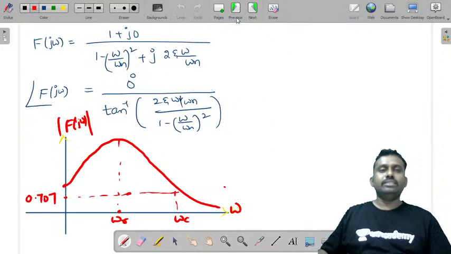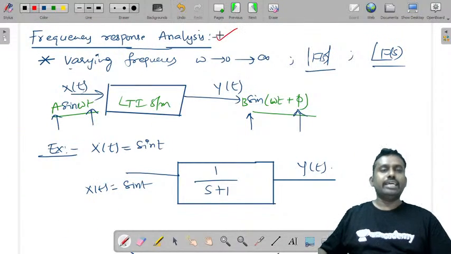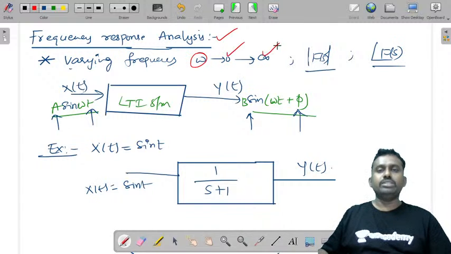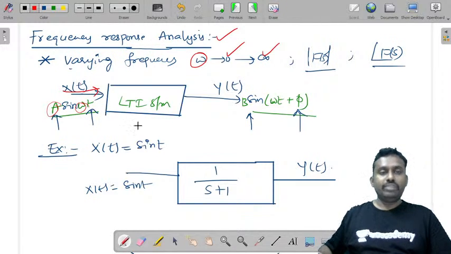Let's see once again. I'll just review what we have done. I have told you what frequency response analysis is: varying omega from 0 to infinity. If you give a sinusoidal input to an LTI system, the output is also sinusoidal with a change in magnitude and phase angle, at the same frequency.